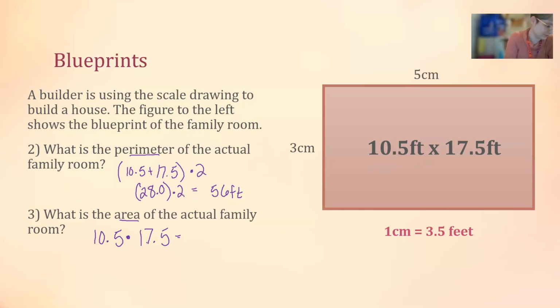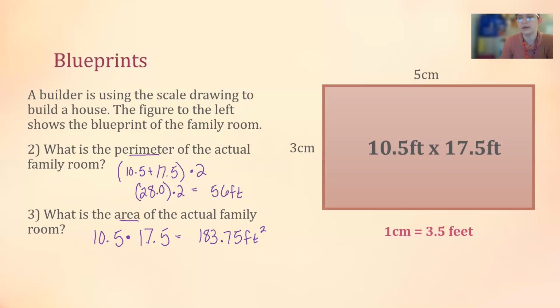So 10.5 times 17.5, and we get that the area is 183.75 feet squared. Remember that area is two dimensions, so we note that by putting a 2 on our units.